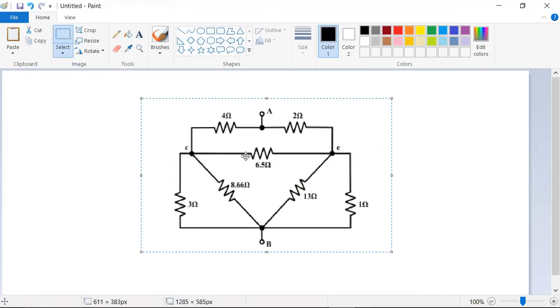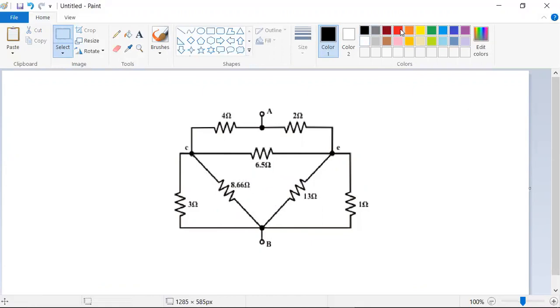As you know, before this delta in our problem was a star. Now we converted that star to delta. This is the new circuit, meaning the modified circuit, right? Again, is there any delta or star? Right here there is no delta because these two are parallel.